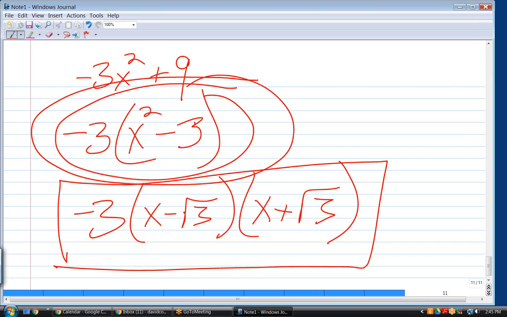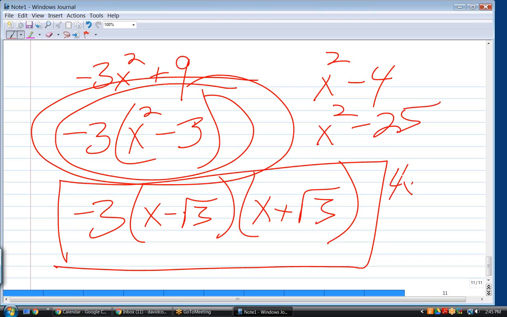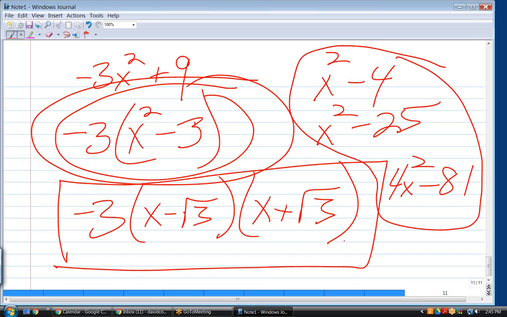In other words, I'm not sure why they ever teach it as difference of perfect squares. I guess they're always looking for stuff like this or stuff like this, where both terms are perfect squares. That makes it easier to understand if we call that difference of perfect squares. But certainly that factors into those two factors, and 3 is not a perfect square number.